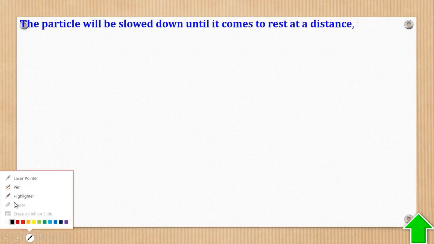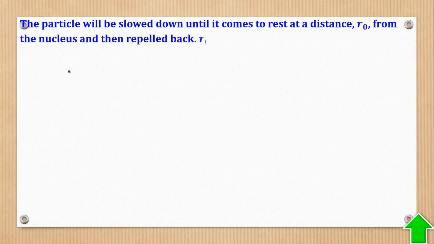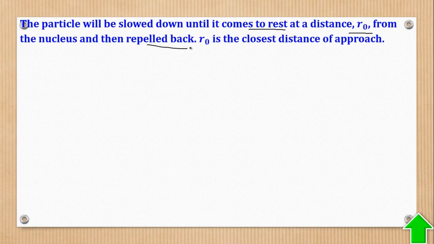So we have to derive how to get that closest distance. What happens is that the alpha particle will be slowed down until it comes to rest at a distance r0 from the nucleus and then repelled back. I think we have seen that. So r0 is the closest distance of approach, and that's what we want.